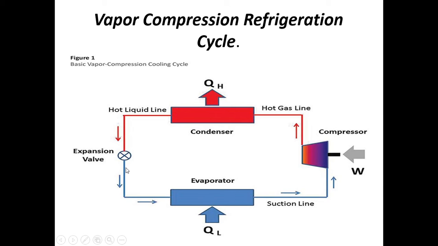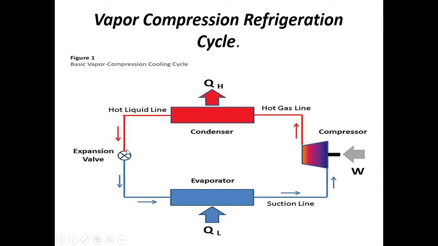Now we know that any fluid, to vaporize, needs some latent heat. So a part of the refrigerant vaporizes by absorbing the heat for vaporization from the remaining liquid, and the temperature of the remaining liquid reduces.